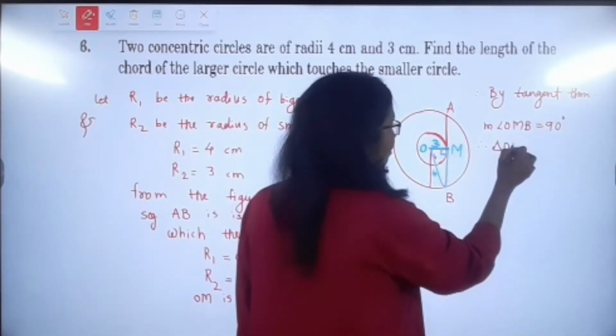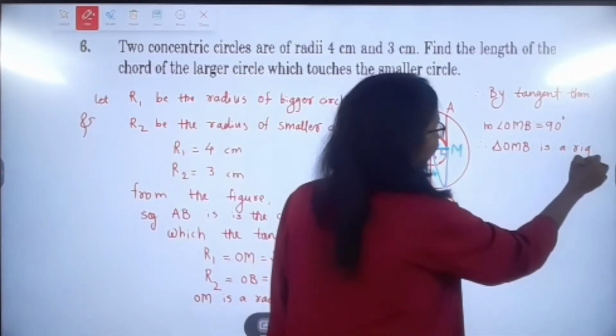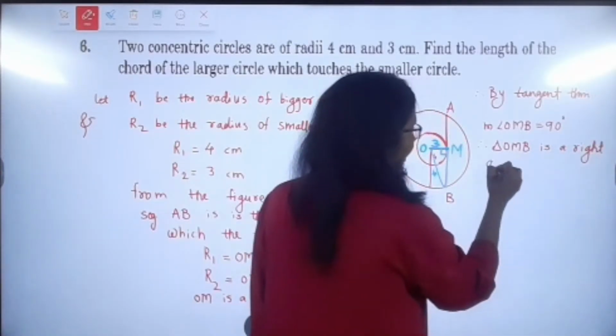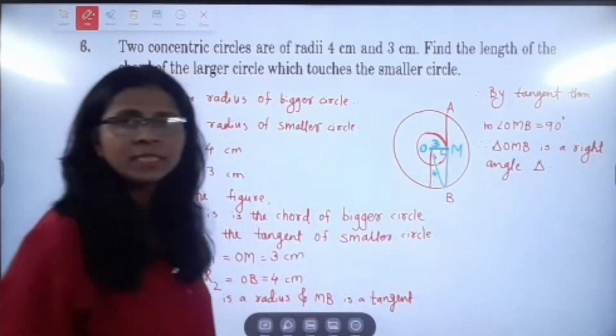Therefore, triangle OMB is a right angle triangle. Okay students, that is up to this.